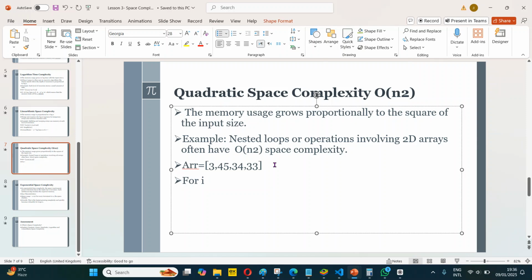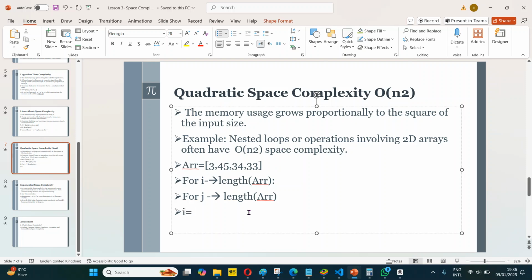So let's say for i down to the length of our array, then for j down to the length of our array, right? This is 1, 2, 3, 4.